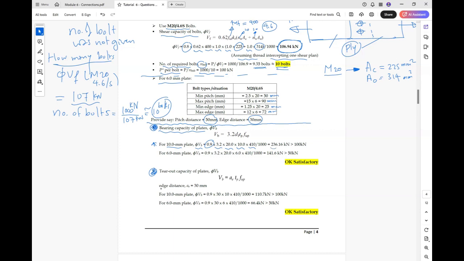So it is 236. So for the 10 mm plate, phi VB is equal to 236. So this plate will tear out at 236.